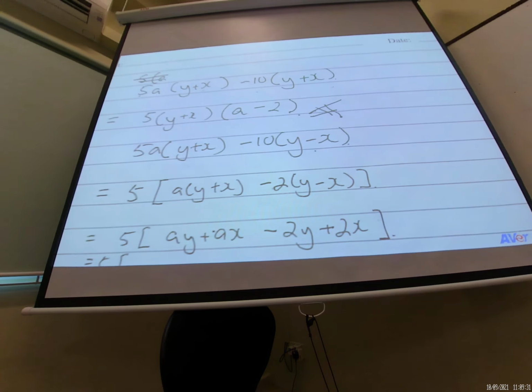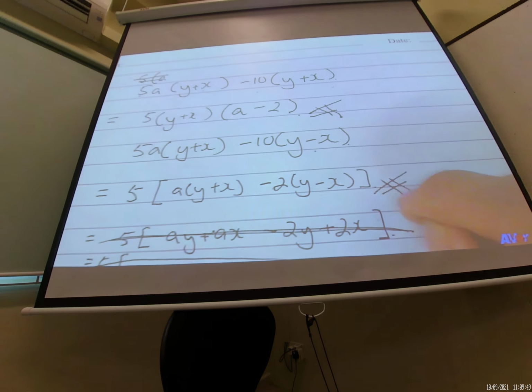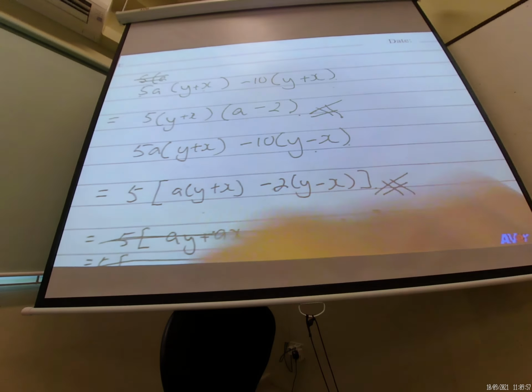Then you can group the y and x together, but actually it is not necessary. So this entire thing, you don't even expand it, just leave it like that, if it is not the same and there's no way to make them the same. Okay, then let's go on to paper 2.